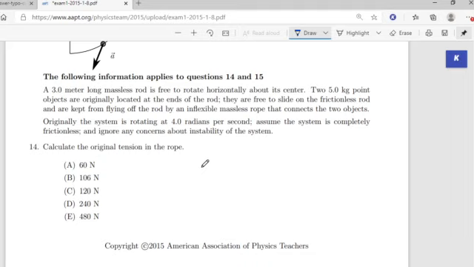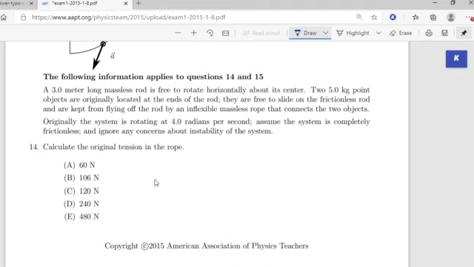Okay, a 3-meter long massless rod is free to rotate horizontally about its center. Two 5 kilogram point objects are originally located at the ends of the rod and are free to slide.